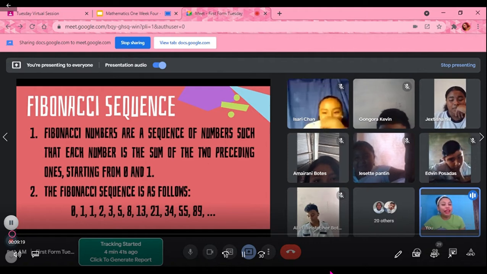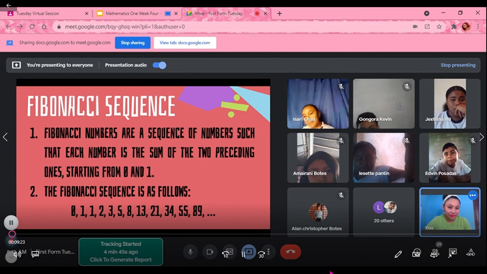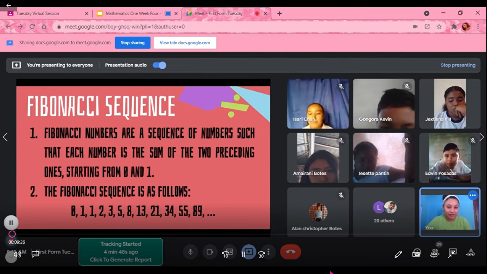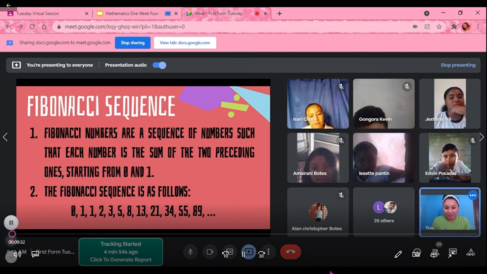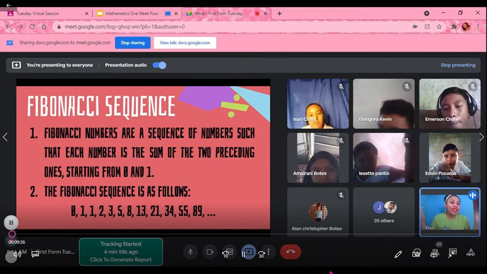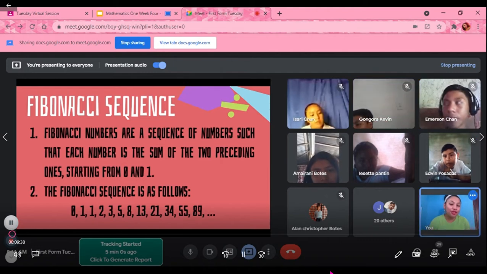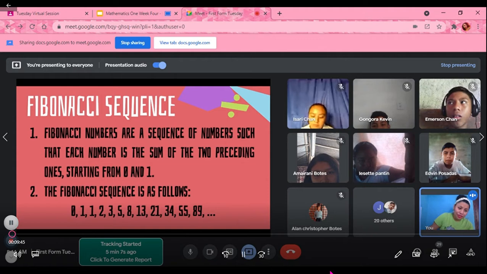So if I want to find the number after 89, what am I going to do? Add the 55 to what? To the 89. Very good. So then that's what I have to do to get the following number. And when I get that following number, I'm going to add that to the 89 to get the number after that. Right?